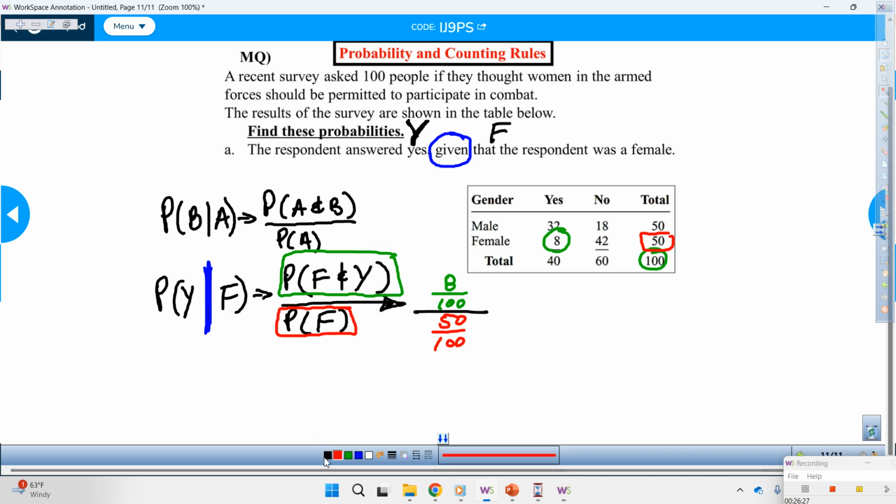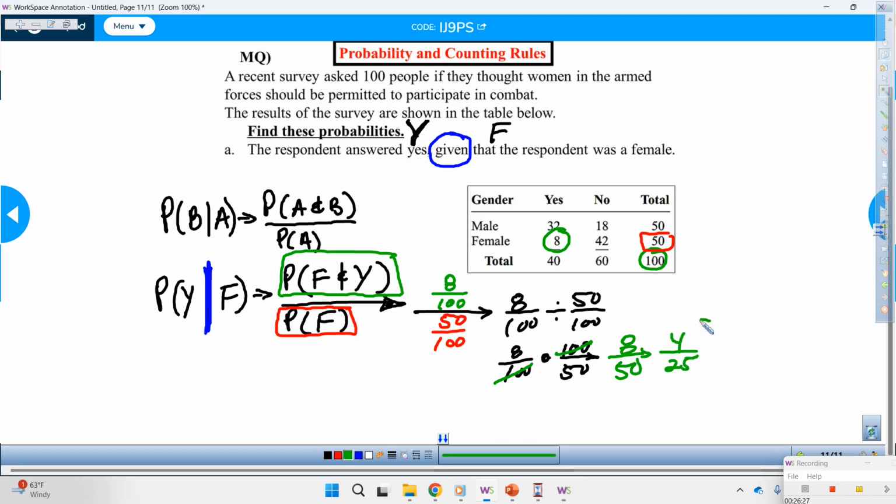So, let's rewrite this. 8 over 100 divided by 50 over 100, which is the same as 8 over 100 times 100 over 50. Let me take you back to elementary. Cross cancel these hundreds, so that leaves us with 8 over 50, which is 4 over 25.